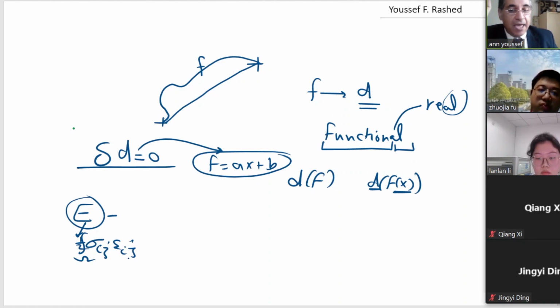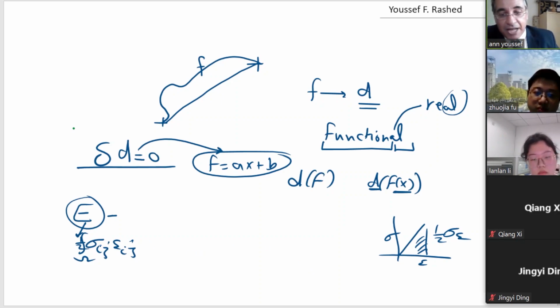In one dimension, it is the area under the curve, one half times the stress and the strain. In multiple dimensions, it is a functional, because it depends on the displacement, traction, strain and stresses.